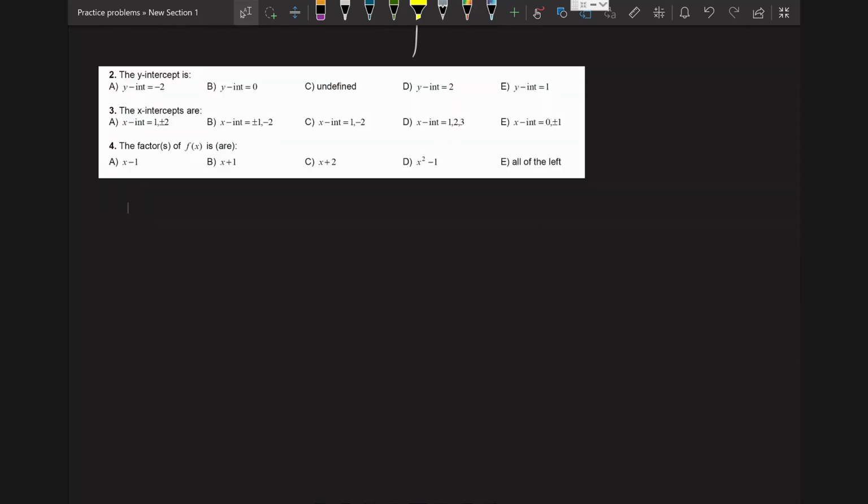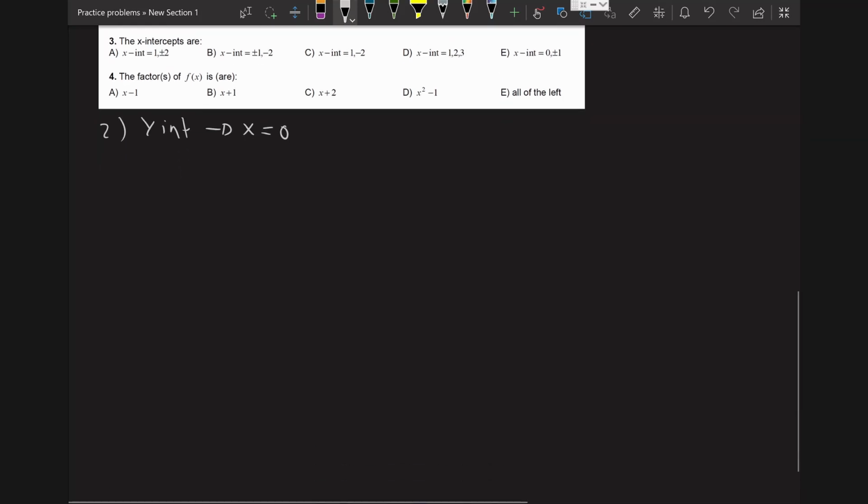Okay, so moving on here, we're going to do the next three questions because they depend on each other. Question 2 is the easiest one because the y-intercept is at x equals 0, which we actually can already solve.